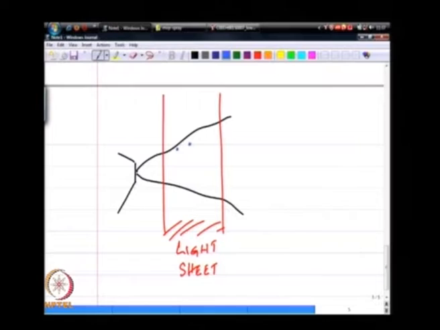In the next frame, if this is the position of the drop, what I do know is that this is the displacement vector. The velocity is given by the displacement vector divided by delta t, the time spacing between the two successive frames.